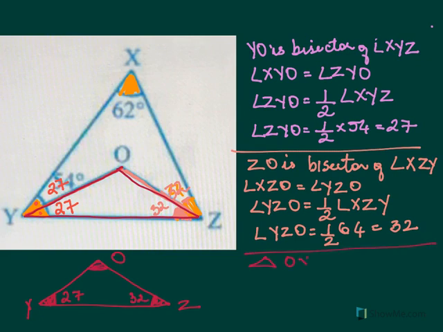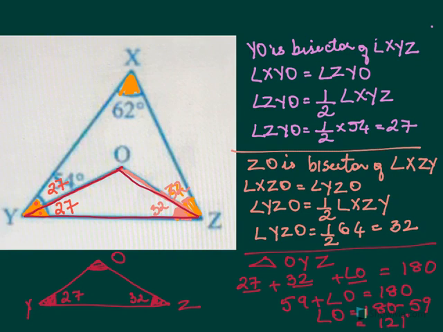So in triangle OYZ, angle 1 plus angle 2 plus angle 3 equal to 180, which is 27 plus 32 plus angle O equals 180. So here 59 plus angle O equals 180. So angle O is 180 minus 59, and that would be 121 degrees.